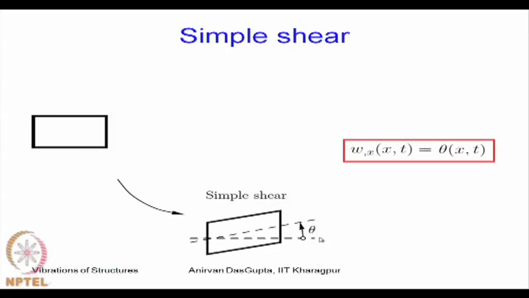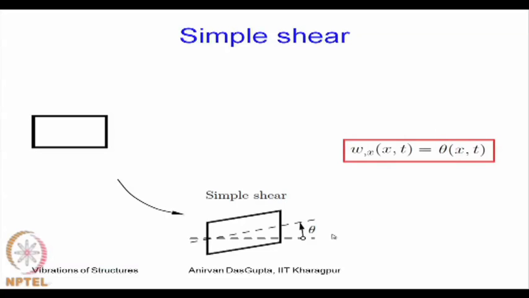This simple shear is a volume preserving deformation. This angle theta is the shear strain, and as you can see here, the slope of the neutral fibers or the neutral axis is nothing but this shear strain.